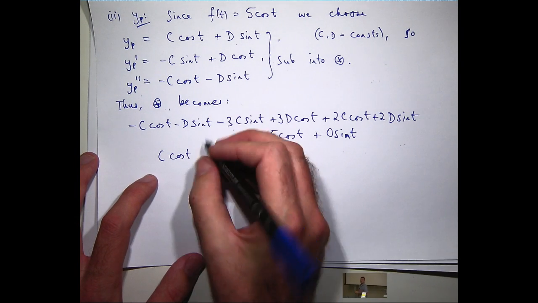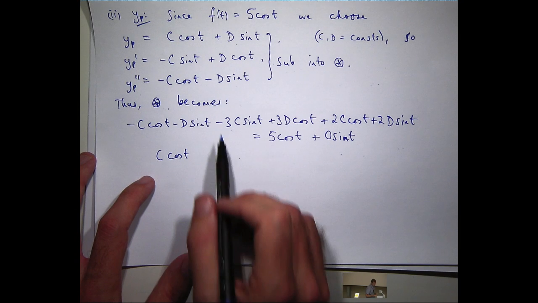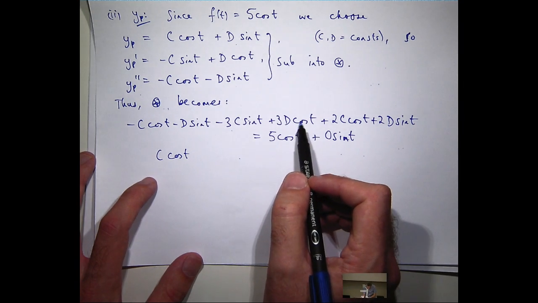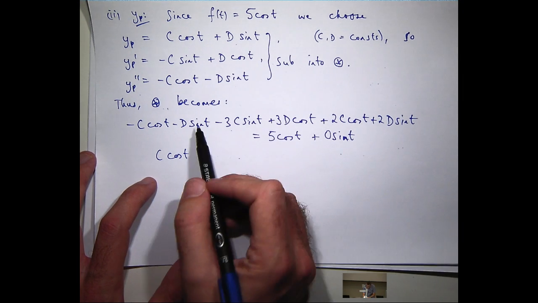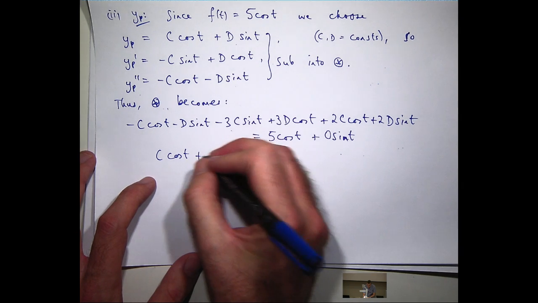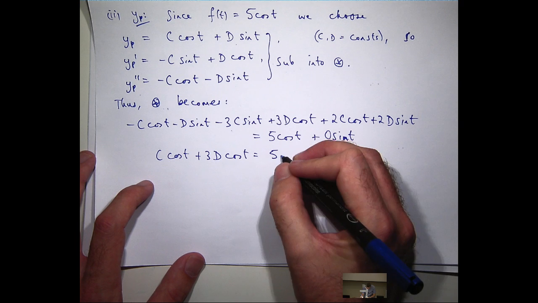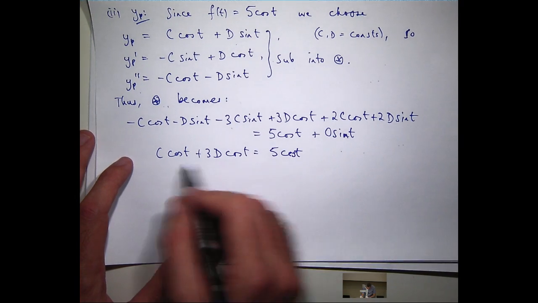And I'm going to get, what else have I got here? Oh, the cosine t over here. So I'm going to get 3D cosine t. Plus 3D cosine t. This, right? Now I'm going to add something down the bottom.